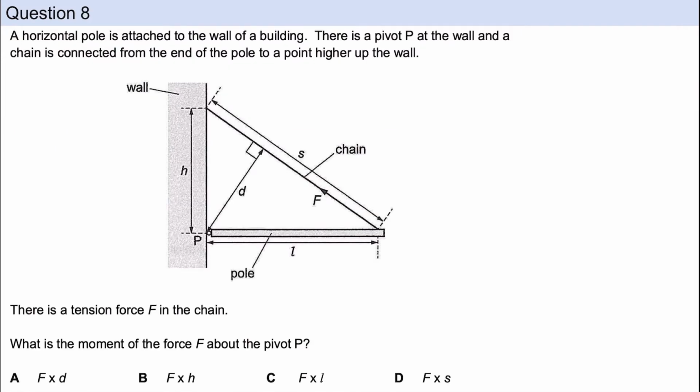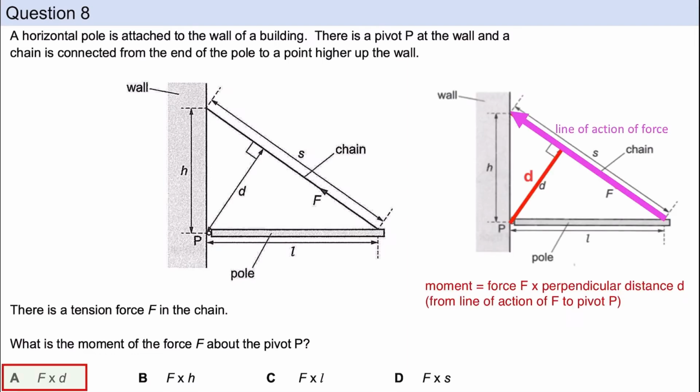Question 8 requires you to find the moment of a force, and you will recall that moment is defined as force times perpendicular distance from the line of action of the force to the pivot. Here we have a force F, and the line of action of this force refers to this line.